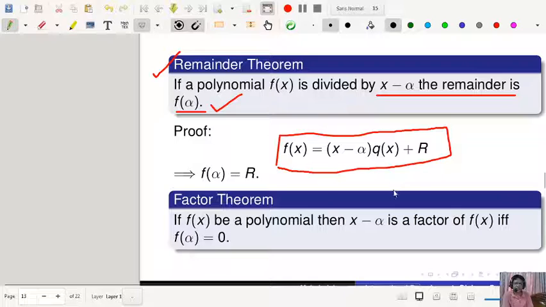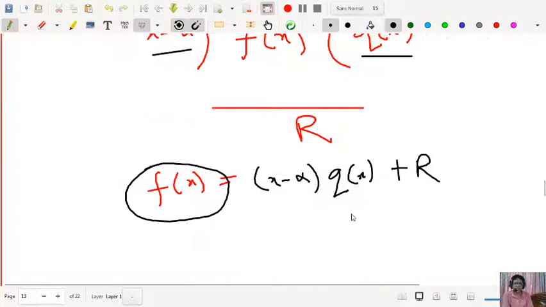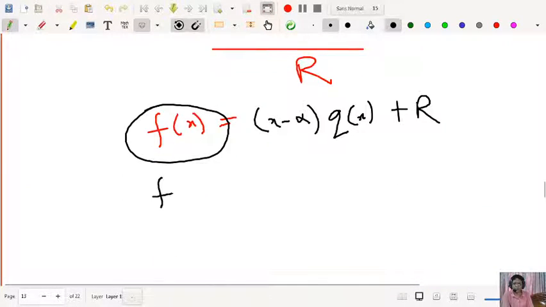Now you look at that, it's divided by x minus alpha. What will happen if you substitute x equal to alpha, because this is a function?